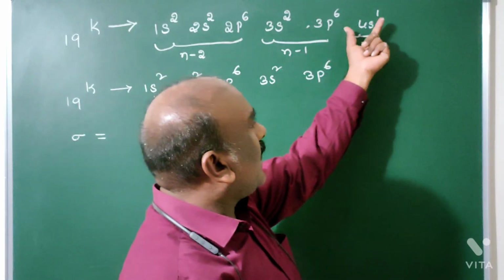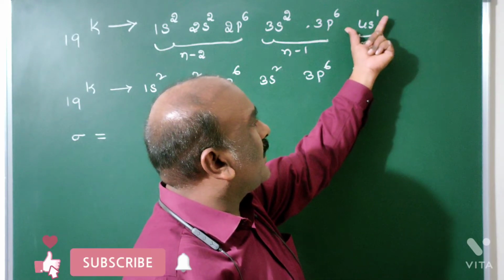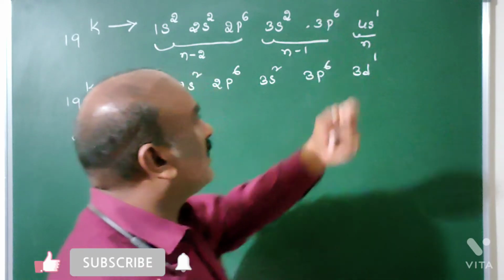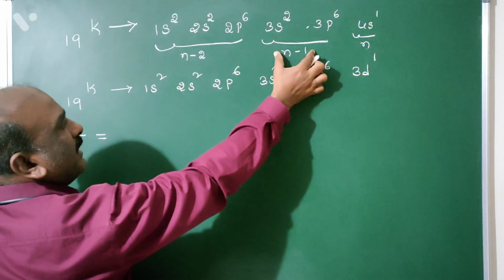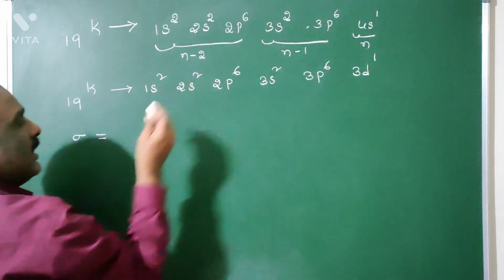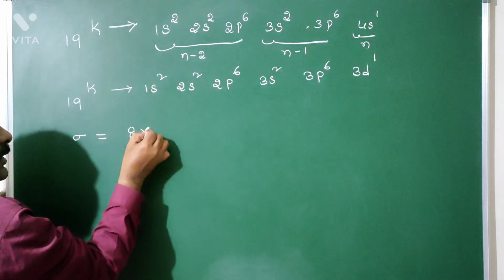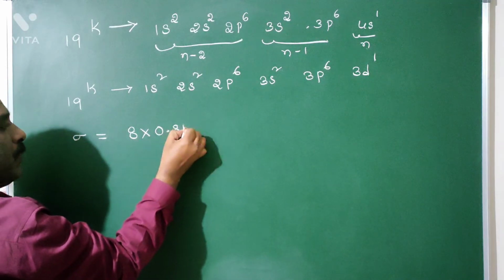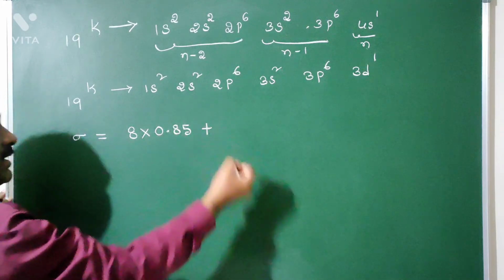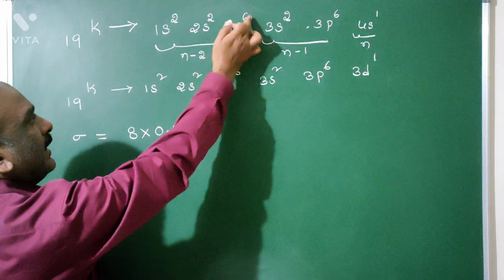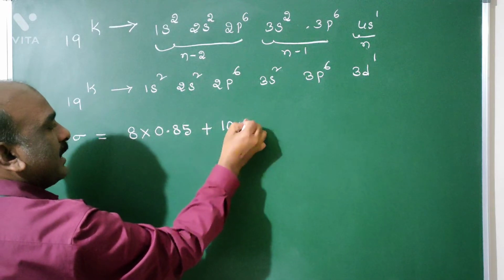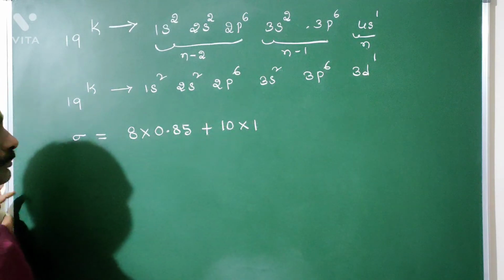In this case, I want to find the screening constant and effective nuclear charge for the 4s electron. The number of n minus 1 orbit electrons is 8, each contributing 0.85. Next, the number of all other inner electrons is 10, each contributing the value 1.